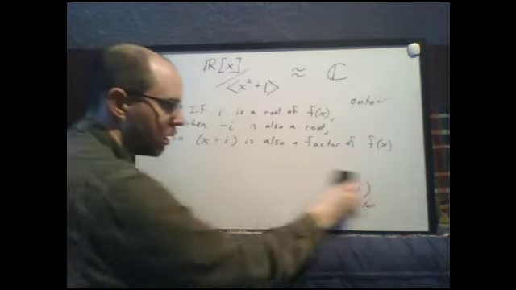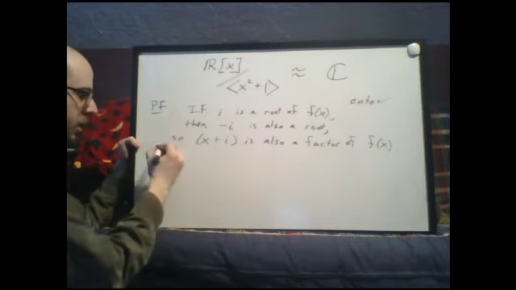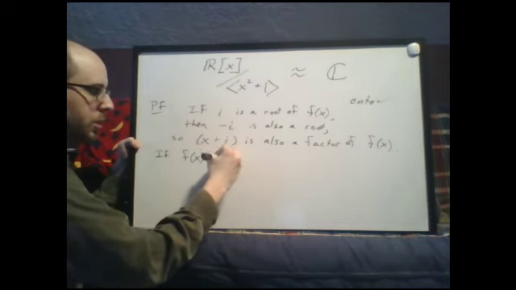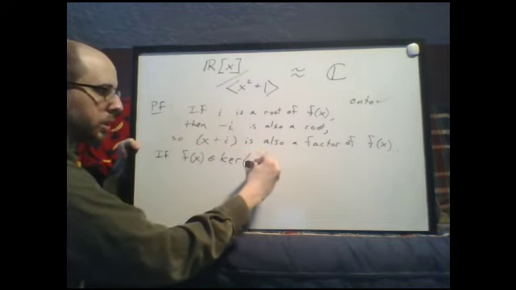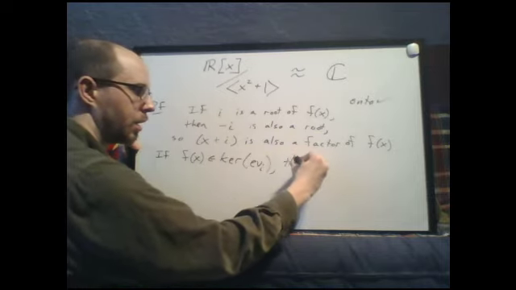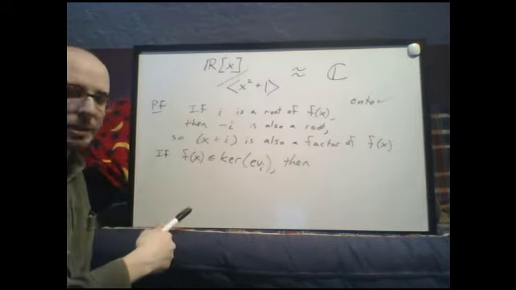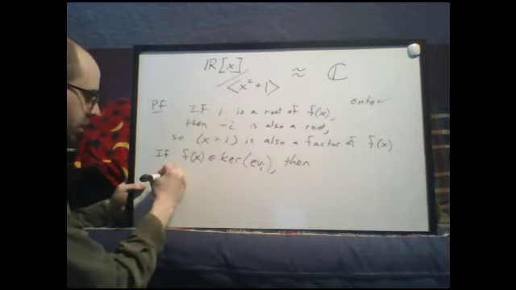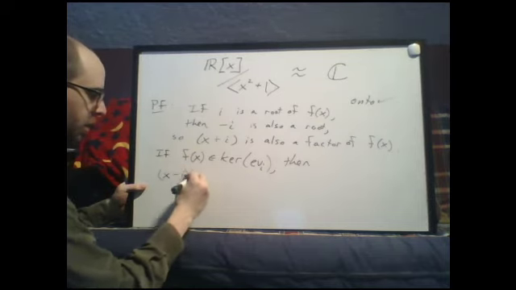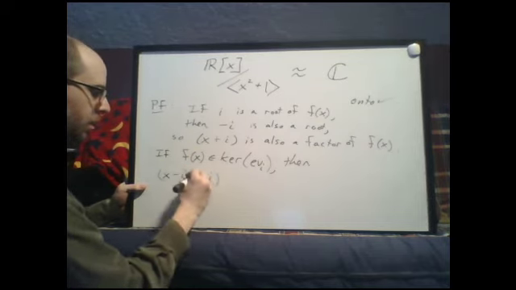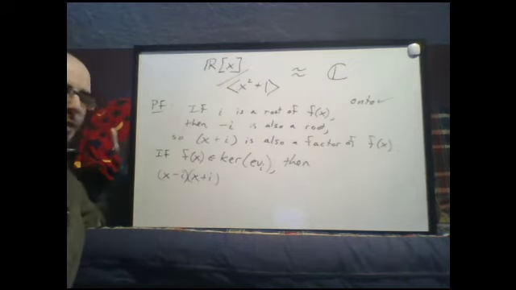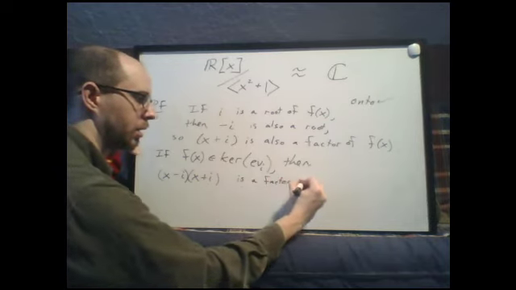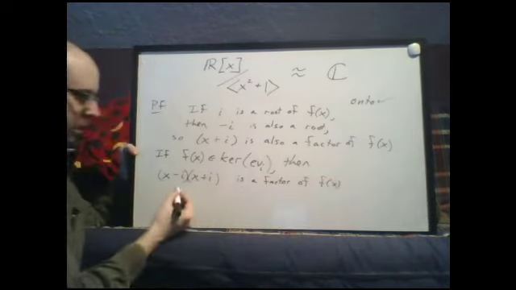So that tells us if f of x is in the kernel of this evaluation function, ev sub I, then x minus I and x plus I are both factors of f of x. So their product, x minus I times x plus I, is a factor of f of x, because individually they both have to be factors.